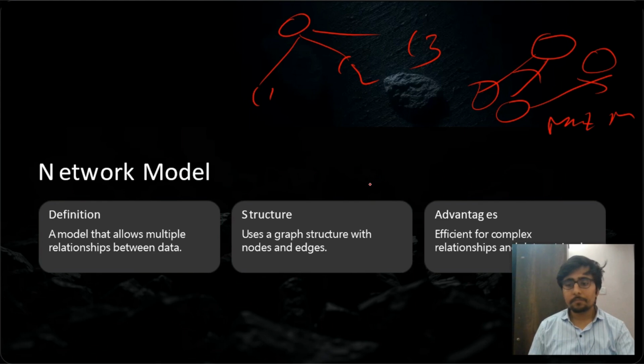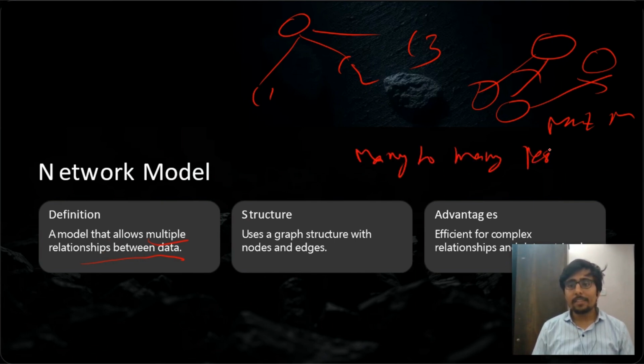As you can see, the model allows multiple relationships between data, many to many relations. So it basically tells how the DBMS works. Let me make it more clear. A data model basically defines the structure of data.